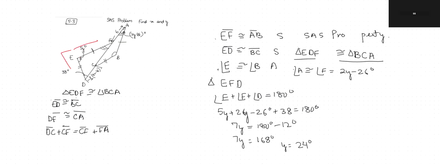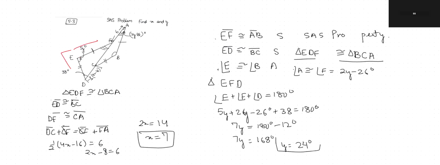So DC, which is given as 4x minus 16, is equal to FA, which is given as 6. So this will be 2x minus 8 is equal to 6. So 2x is equal to 14. So x is equal to 7. So we got x equal to 7 and y equal to 24.